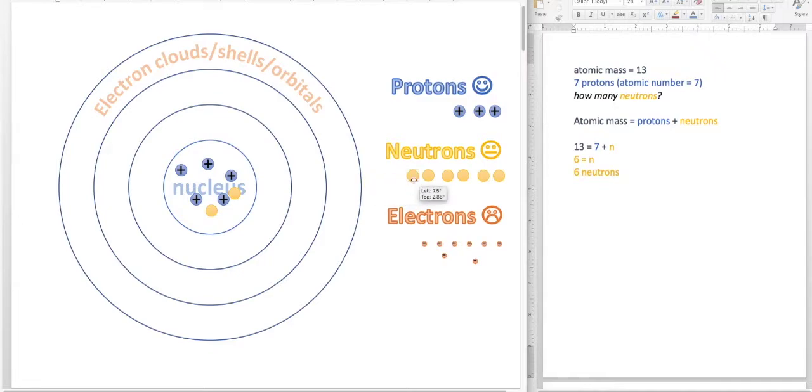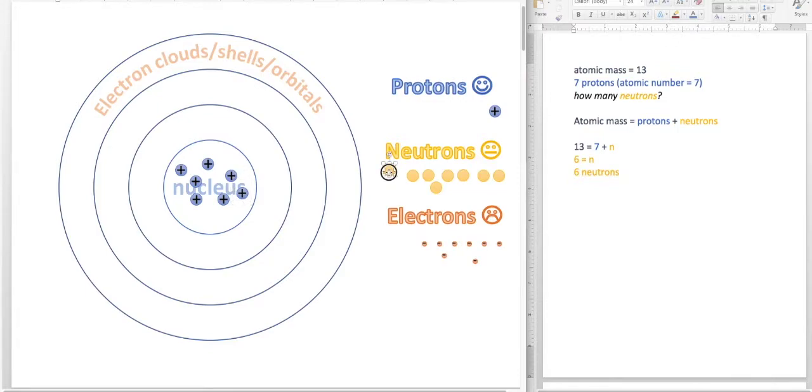And since we don't know how many neutrons we have, taking them out, and then we have to start with the right number of protons, which is 7. So we had 5 in there, that makes 6, 7. So how many neutrons do we need to add to this to just get a total of 13 things in the nucleus?